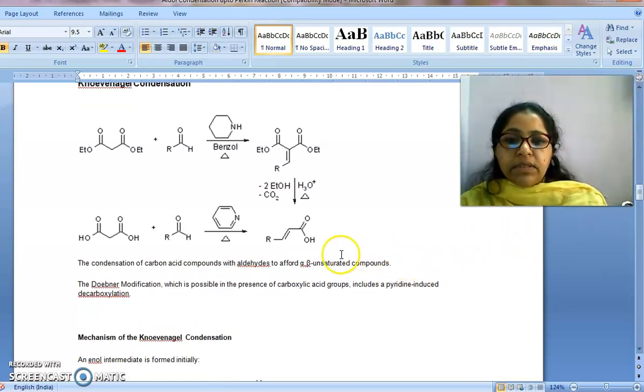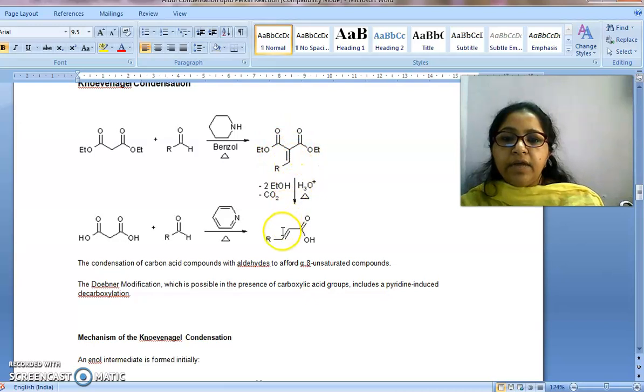So here we have the condensed product, the addition product, and after this what we see is that heat is there, and with this there is another molecule of pyridine.